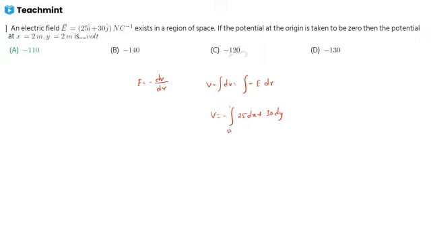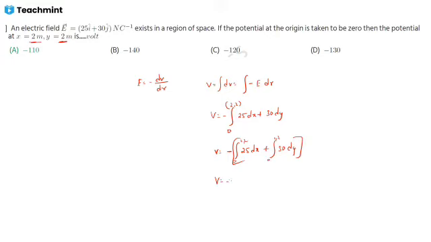So here at the point 2 comma 2 they asked. Y means in the question they given at x is equal to 2 and y equal to 2. That is minus integration of 25 dx plus integration of 30 dy. Okay, from 0 to 2 comma 2.